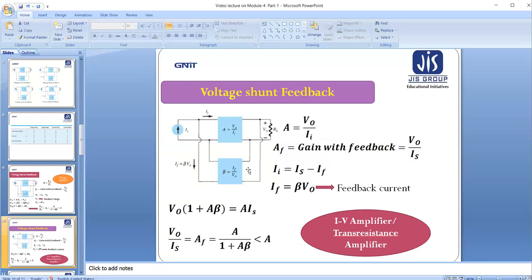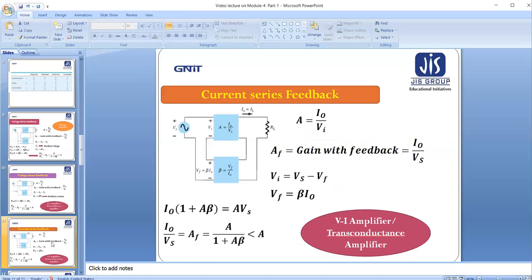So it is called I2V amplifier or trans resistance amplifier. Why trans resistance? Because output is V, input is I. Transfer means output by input, so V by I means resistance. That's why it is called trans resistance.